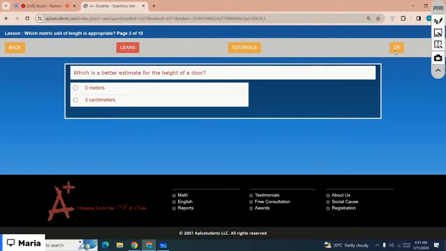The next one is which is a better estimate for the height of a door? 3 meters, 3 centimeters. Which is the correct option?